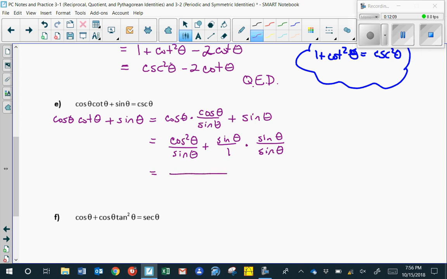So when we add our 2 fractions together, they'll have that common denominator of sine of theta, and the numerator will be cosine squared of theta from the first fraction plus the second fraction's numerator, which would be sine squared of theta. Now cosine squared of theta plus sine squared of theta is always equal to 1. That's one of our Pythagorean identities. And then last, we can re-express 1 over sine of theta as cosecant of theta. And now we're done with the proof.